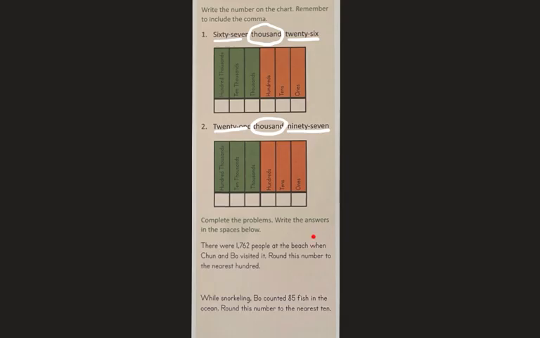Complete the problems. Write the answers in the spaces below. There were 1,762 people at the beach when Chun and Bo visited it. Round this number to the nearest 100. While snorkeling, Bo counted 85 fish in the ocean. Round this number to the nearest 10.